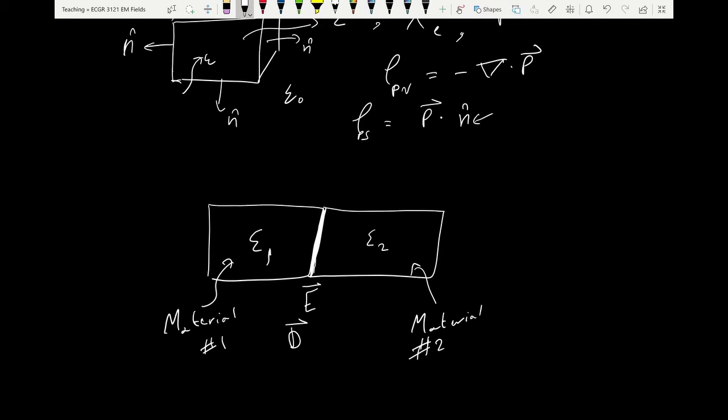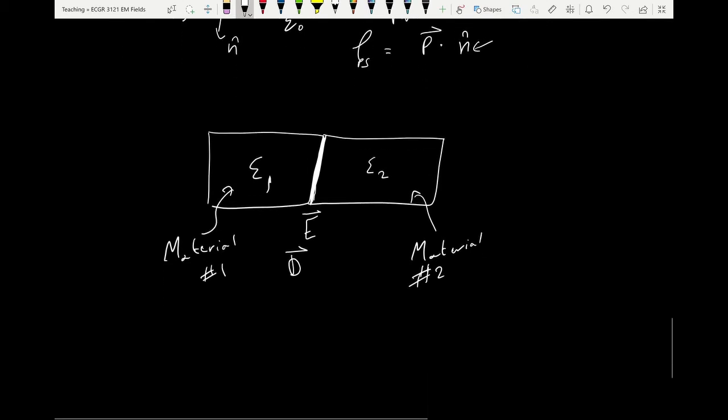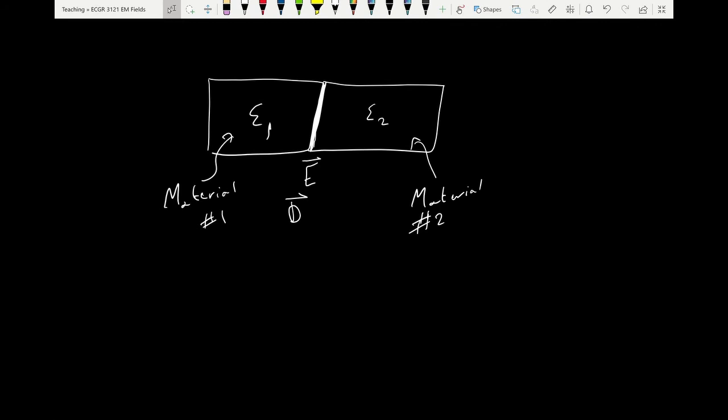So how does E vary at the interface? Does E remain continuous? Is there a discontinuity in E? How does E just before the interface relate to E just after the interface? We already studied a bit of that when we discussed the interface between empty space and a conductor. Empty space is a kind of dielectric material.